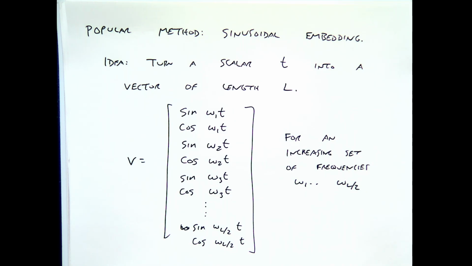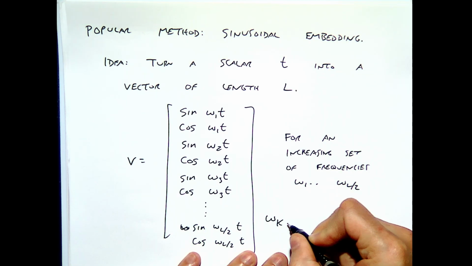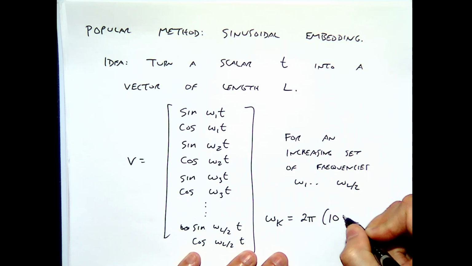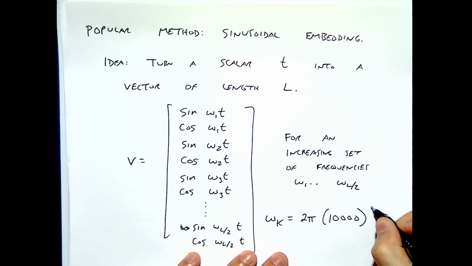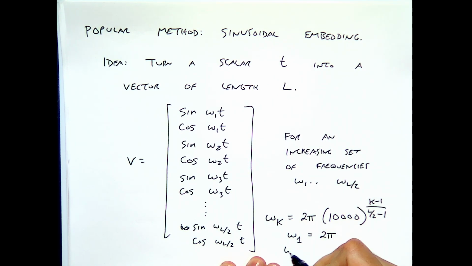In the original paper, the proposal was this, 2 pi times 10,000 to some power, a really magic formula. For example, if I plug in omega 1, I have 2 pi as the first frequency, and the last omega is 20,000 pi.